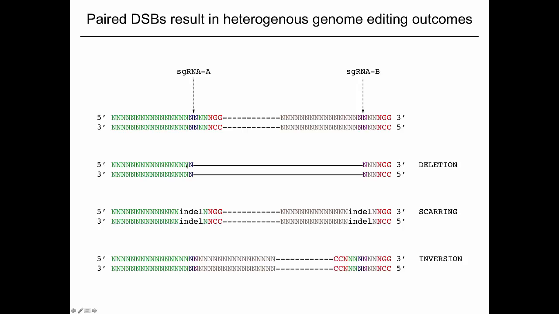And so although the intended consequence may be to have deletion of the intervening segment, alternative outcomes are also likely, including multifocal indels at each of the 2 cleavage sites, or inversion where the intervening segment is flipped.